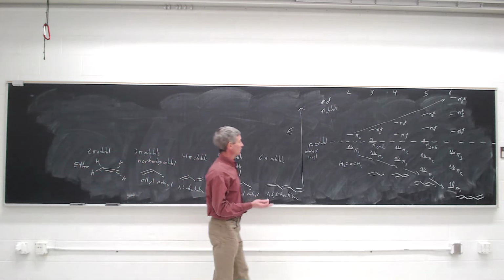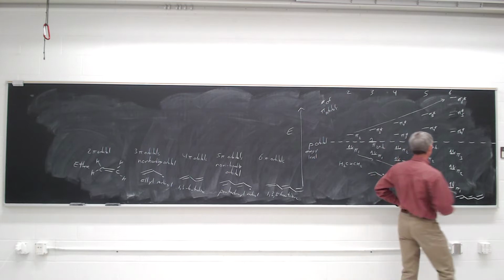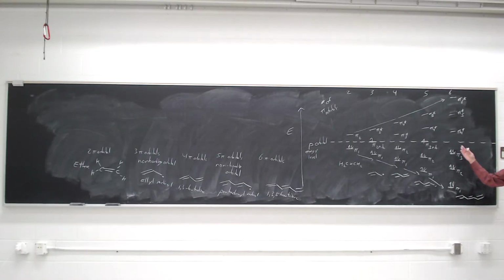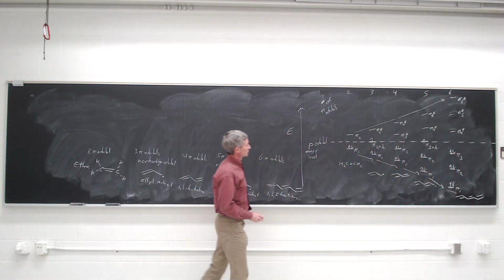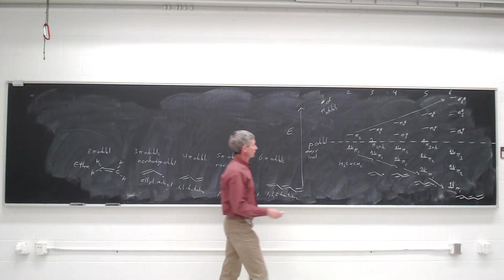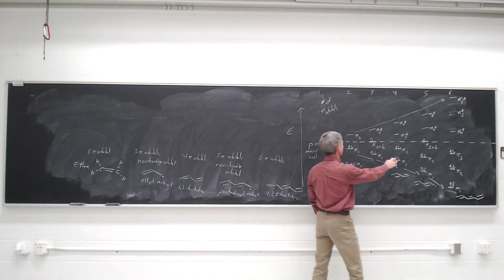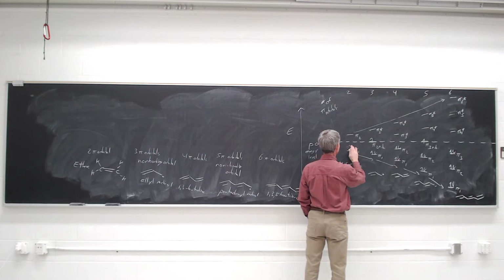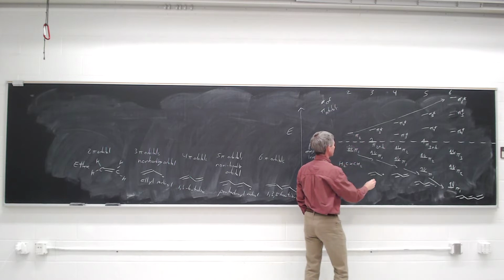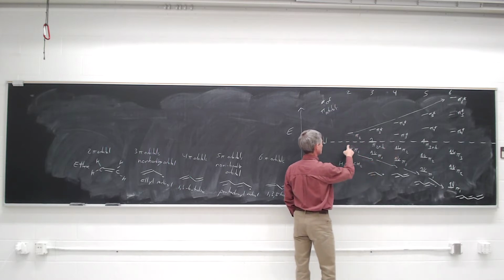So it has no bearing on the stability of the system. The stability of the system is controlled by the net drop in energy of all of the electrons versus where they started. So these electrons drop the most. These are the ones that are most concerned with affecting the stability of the system. As you go from the 2 pi electron system to the 4 pi electron system, what I think you'll notice, assuming I drew this properly to scale, is that pi 2 is higher in energy than pi 1.